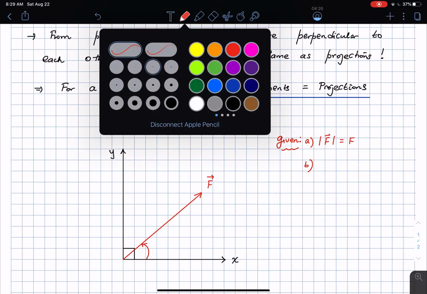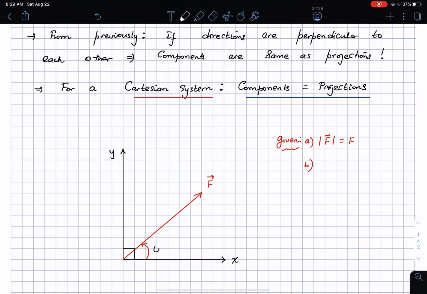So let's call this angle here the angle theta, the angle theta made by F from the x-axis. Okay, so these are the things that are given to us.